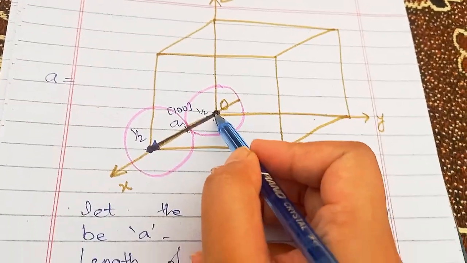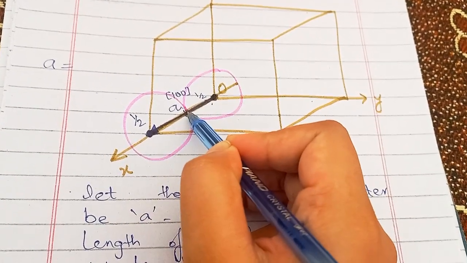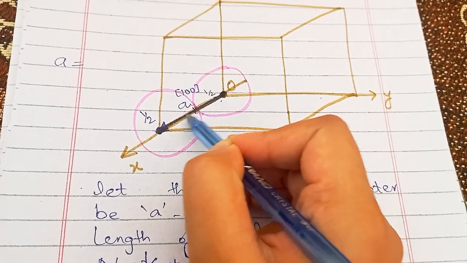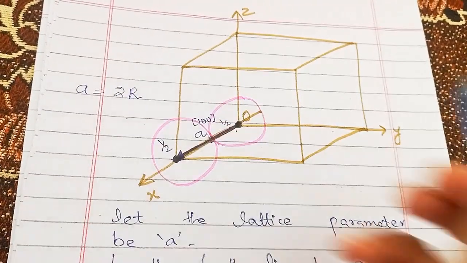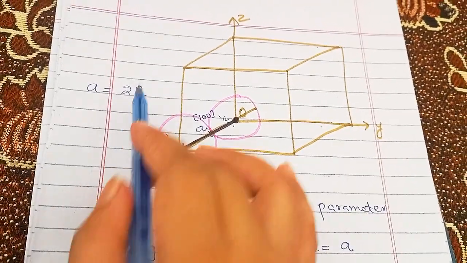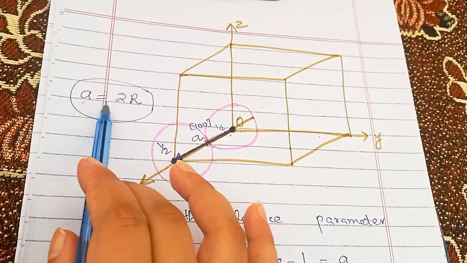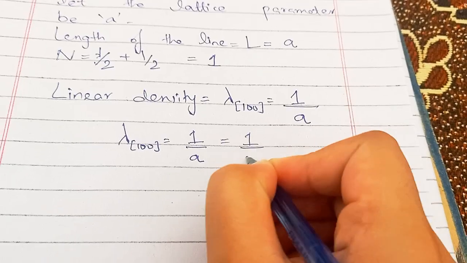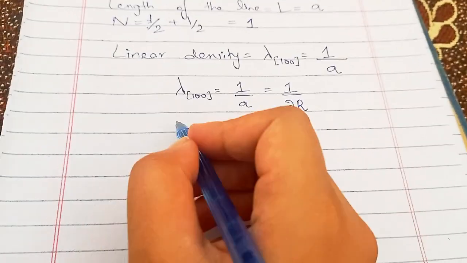Here you can see this is the lattice parameter, which is completely a, and this is 1r and this is 2r. Okay, this is 1r and this is also r. This distance is r and this distance, so it's a total of 2r. Okay, for simple cubic structures, this relation is always true, that the lattice parameter is equal to double the atomic radius. So you can simply put it right here to get the linear density in terms of atomic radius. Okay, both of them are correct.